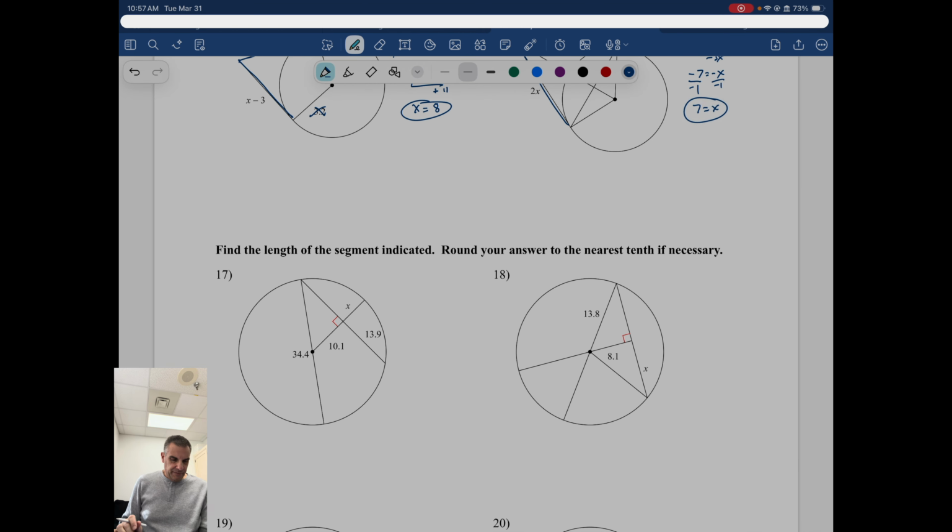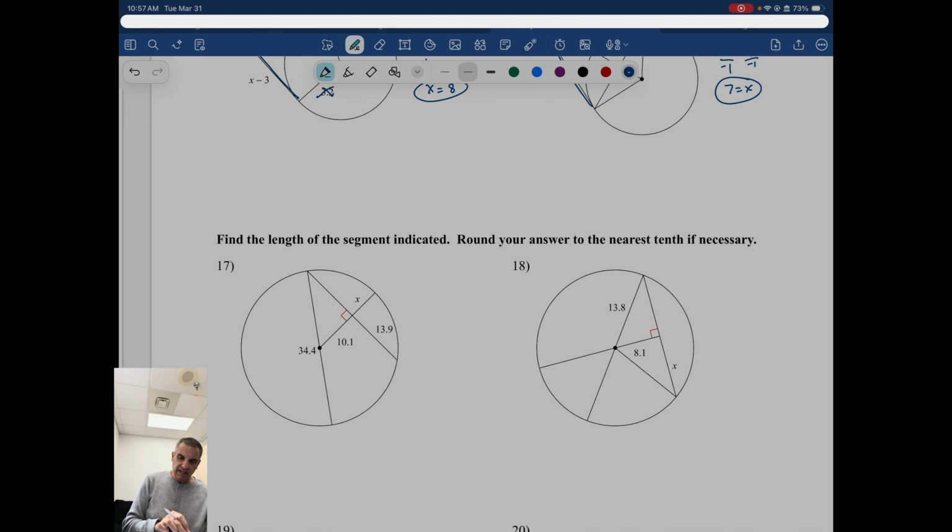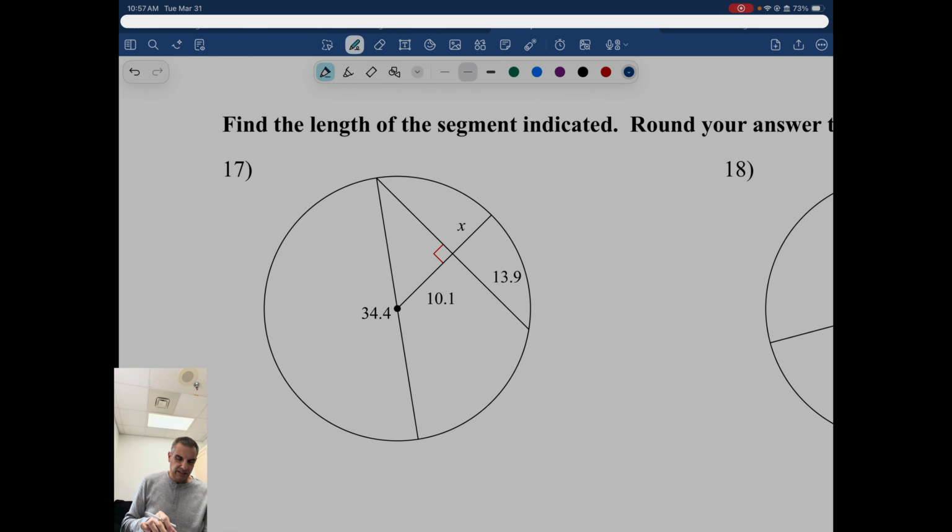The fun stuff. Find the length of the segment indicated. Round your answers to the nearest tenth if necessary. All right, so I have a radius perpendicular to a chord, so I've got a right angle there. I know that these two pieces are congruent. That's 13.9.